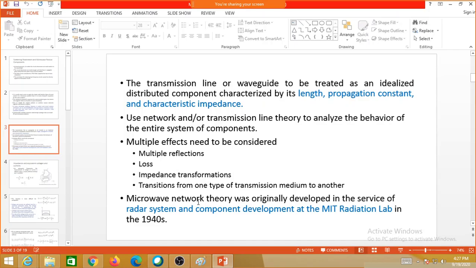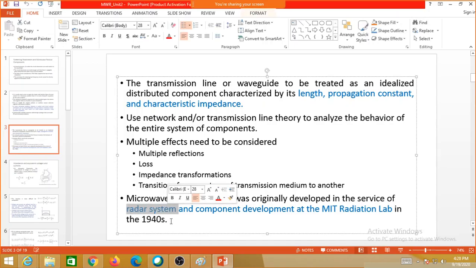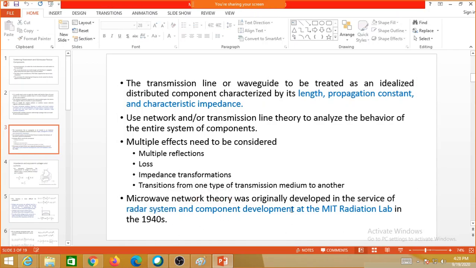Maybe you have already studied in transmission line theory the waveguide modes as well as the power capacity. Those are all used in radar systems. It was originally developed at the MIT Radiation Lab, as this network theory as well as the microwave components.